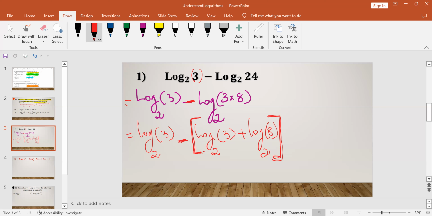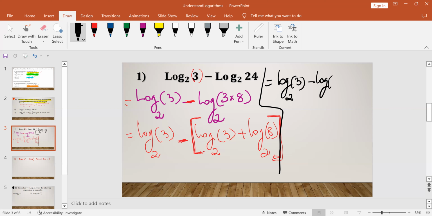So we continue. We're going to have log of 3 with base 2 minus log of 3 with base 2 minus again log. Here 8, I will write as 2 to the third power, again with base 2.